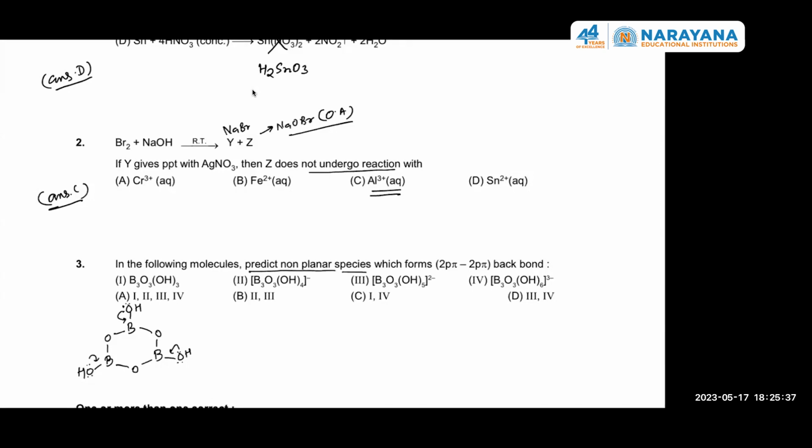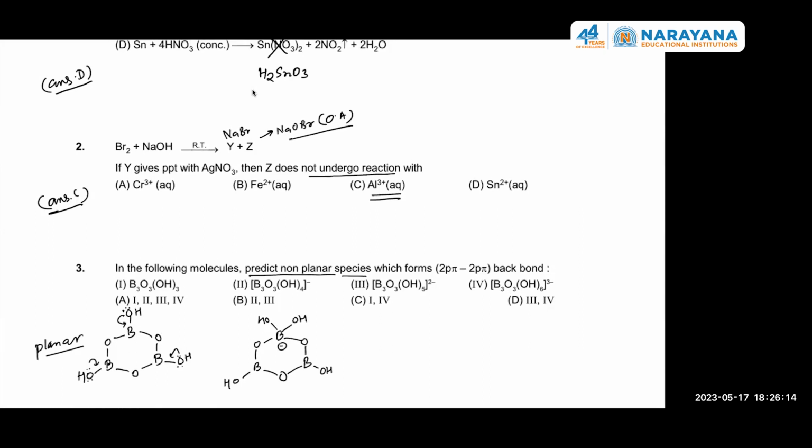So it will be a totally planar species, so the first will not be the answer. To make the structure of B3O3(OH)4 or B3O3(OH)5 or B3O3(OH)6, we have to react this B3O3(OH)3 with OH minus only. Again, the structure will be exactly like before, but one boron will get two OH, and the other boron will get only a single OH, and here B minus will be present.